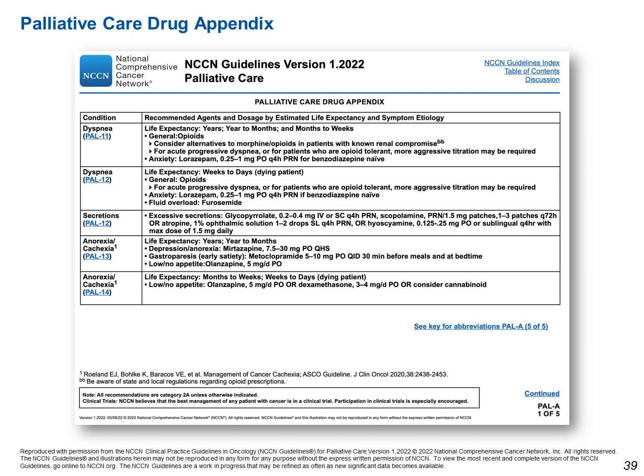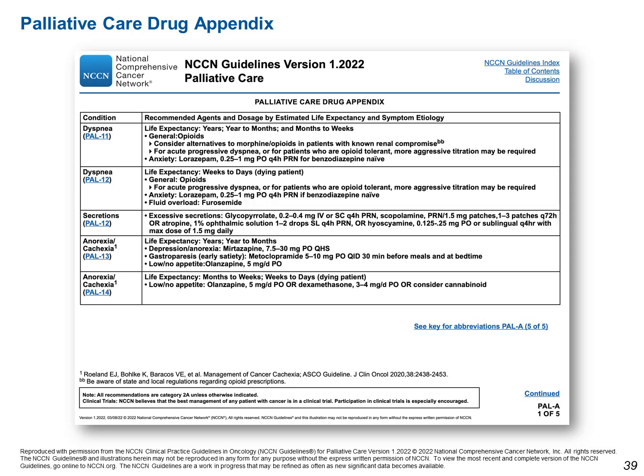For anxiety, lorazepam 0.25 to 1 milligram PO every 4 hours for benzodiazepine-naive patients. For dyspnea lasting weeks to days in a dying patient, in general, opioids are the go-to drugs. For patients who are opioid tolerant, more aggressive titration may be required. And the dose of lorazepam, again, is 0.25 to 1 milligram if they're benzodiazepine naive.